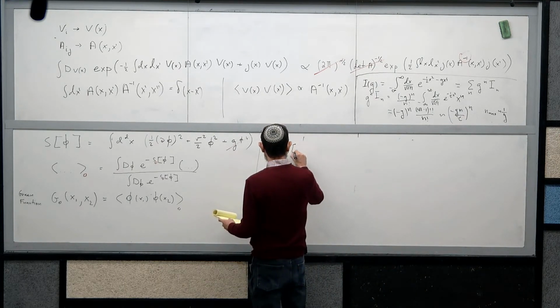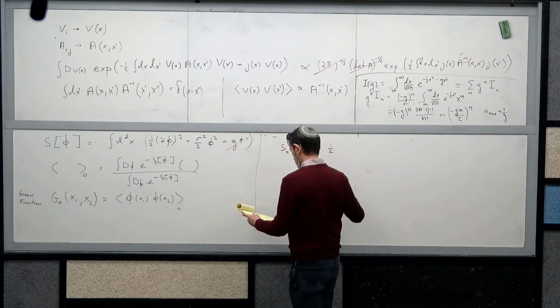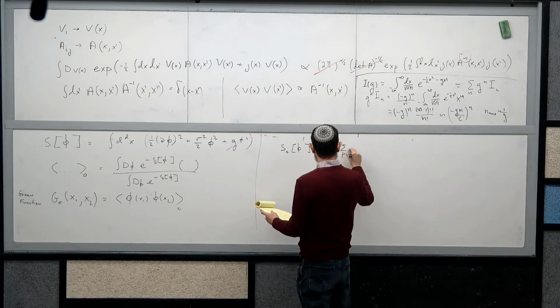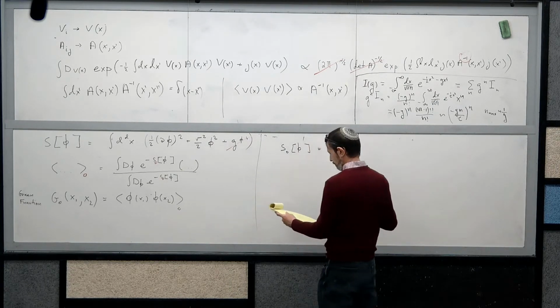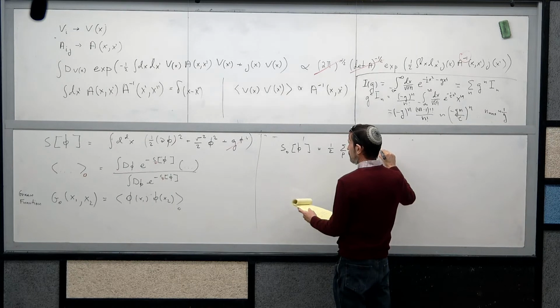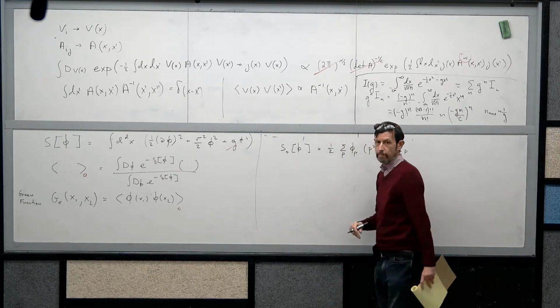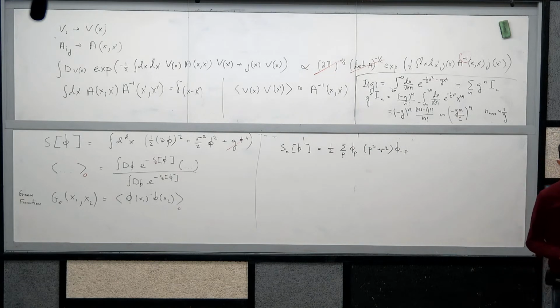So I'm writing, it was diagonal in P. So I'm using the eigenfunctions Vp.